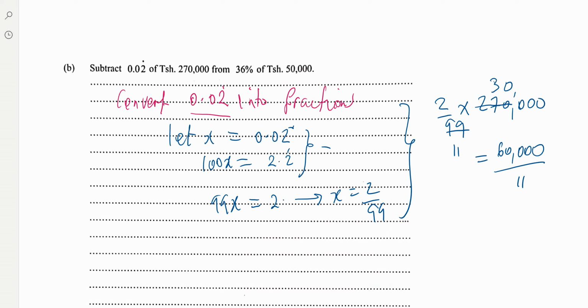So dividing now 60,000 by 11, you are getting 5,454.54.